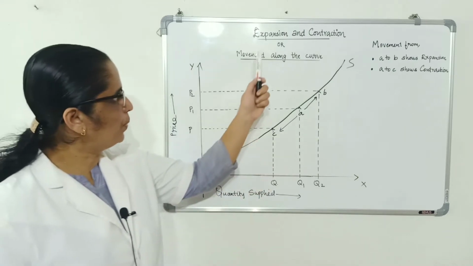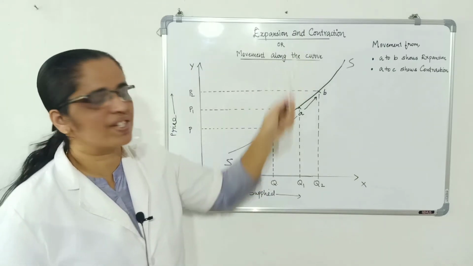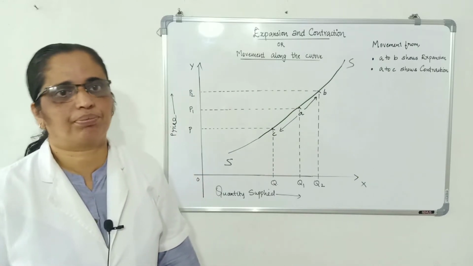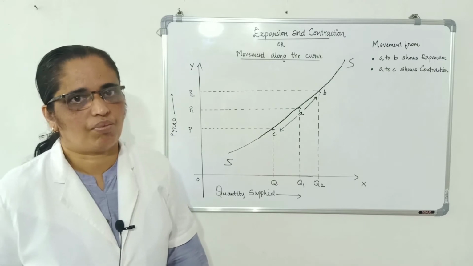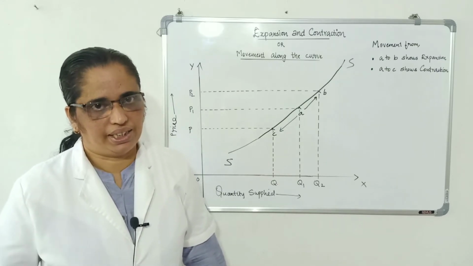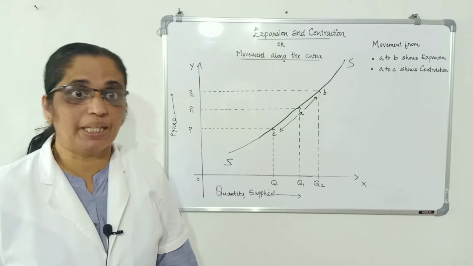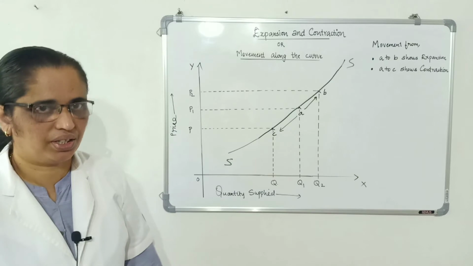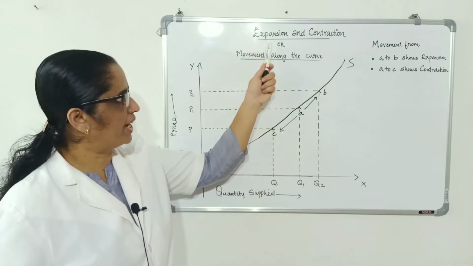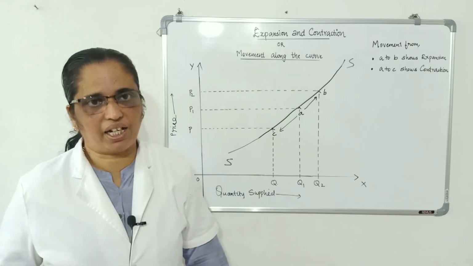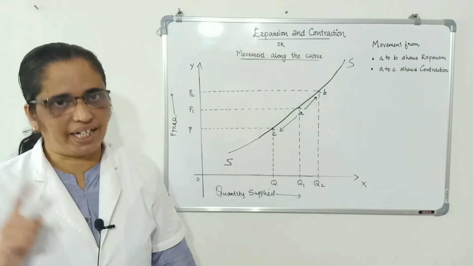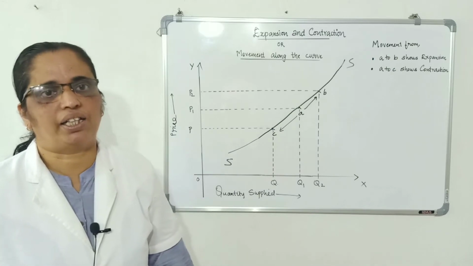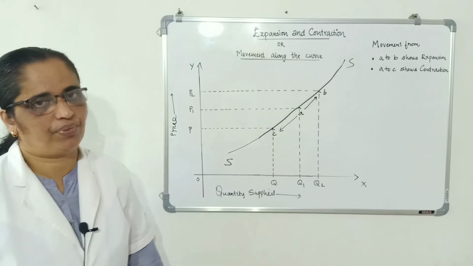Okay, so expansion and contraction of supply are the technical words used to denote change in supply due to change in the own price, assuming that other factors are held constant.